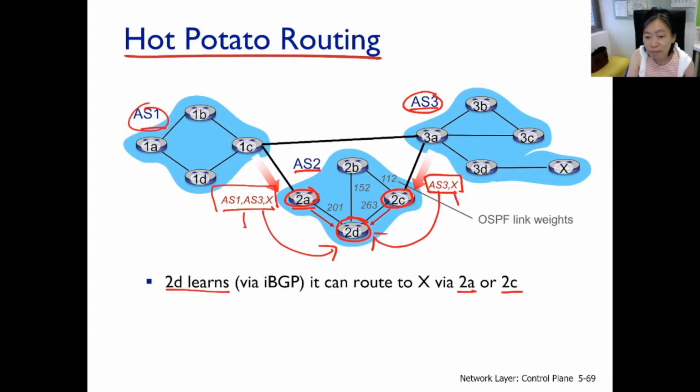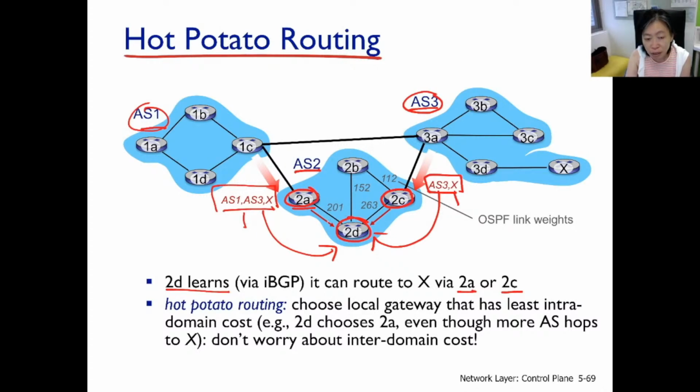2D here, assuming we abandon the shortest AS path phase, goes straight to the closest next hop router phase. For this path, the next hop router is 2A. For this path, the next hop router is 2C. 2D here will consult the intra-AS routing again to find out, is 2A closer or is 2C closer?